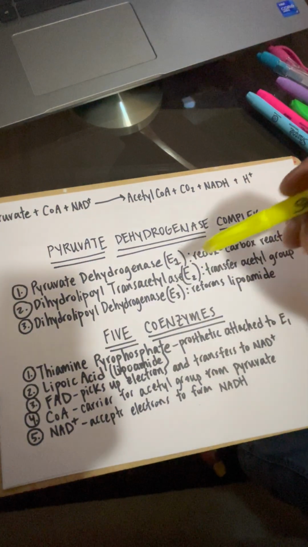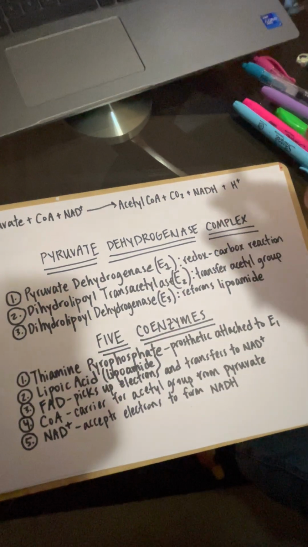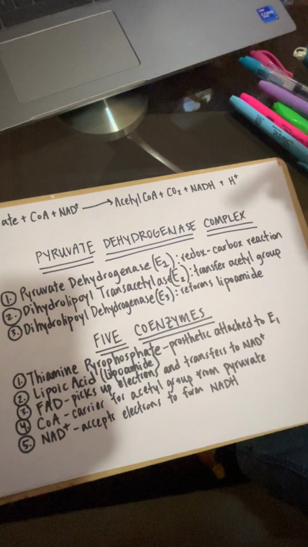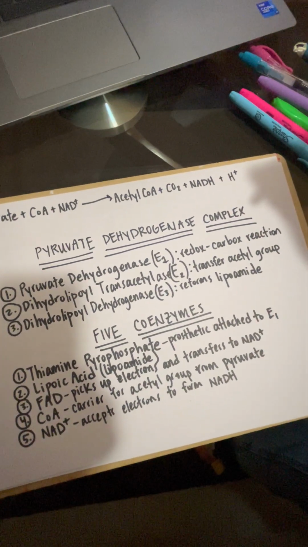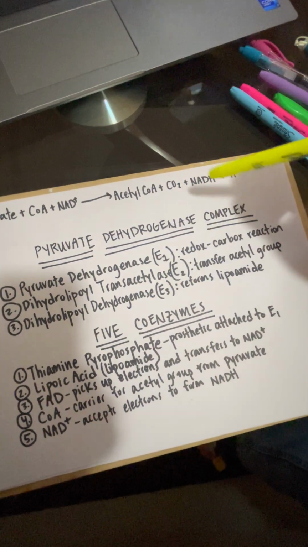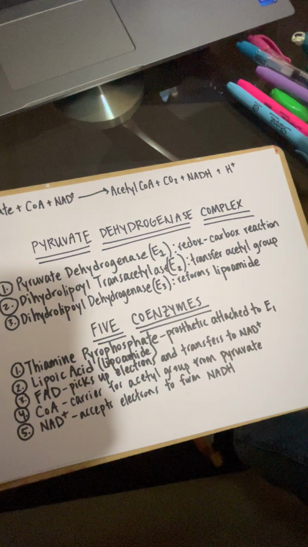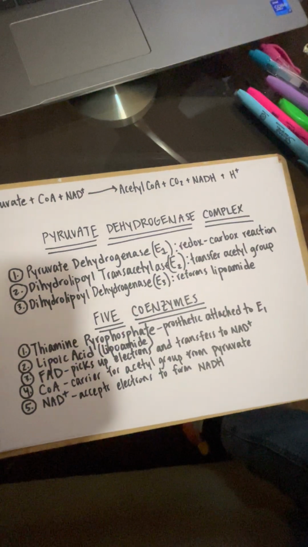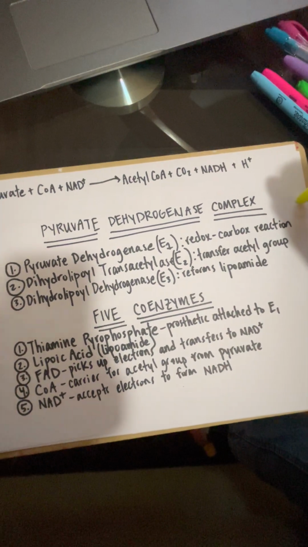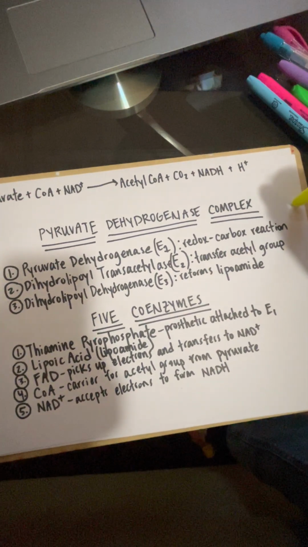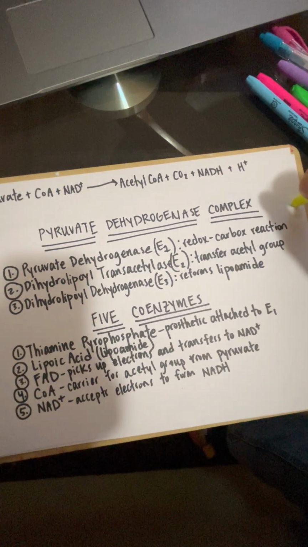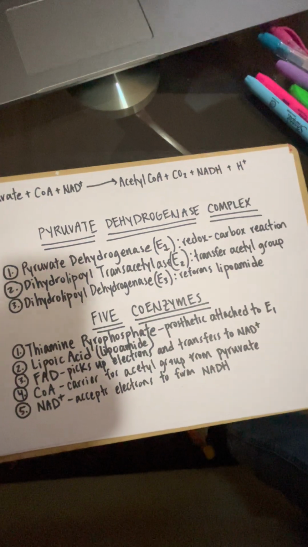Our second enzyme here, E2, allows us to finally take that acetyl component and transfer it over to one of our coenzymes. And finally, our E3 enzyme here is involved in the very last step of this entire process, and its job is to reform an important coenzyme so that we can continue this process and start it all over again.